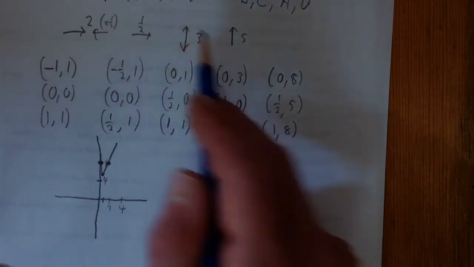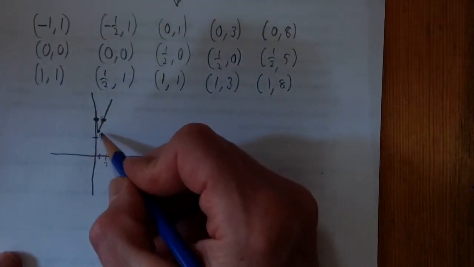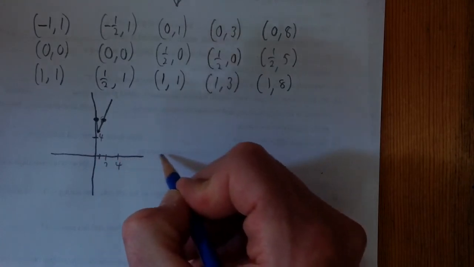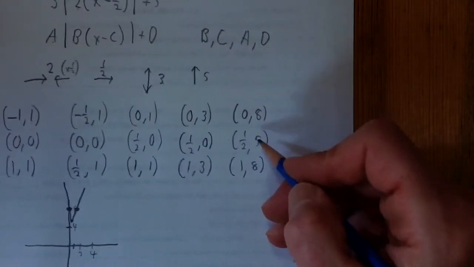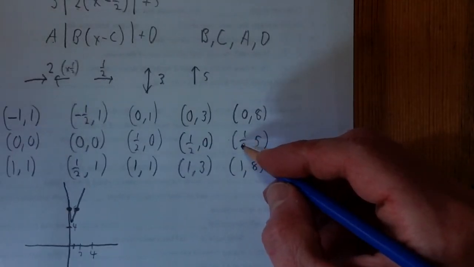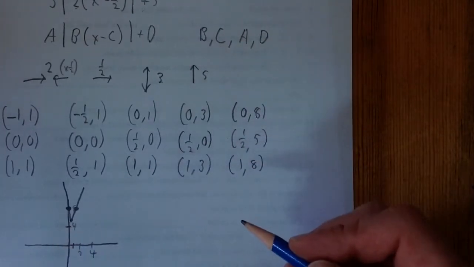So it's practically like 6 times skinnier. We can see it's pretty skinny here. My graph is not to scale. If I did this again, I'd make my x-axis bigger or something, but whatever. So it would look like that. And the vertex we know is going to be 0 comma 8. That's one thing they want you to figure out is the vertex, because that's a good point to know.